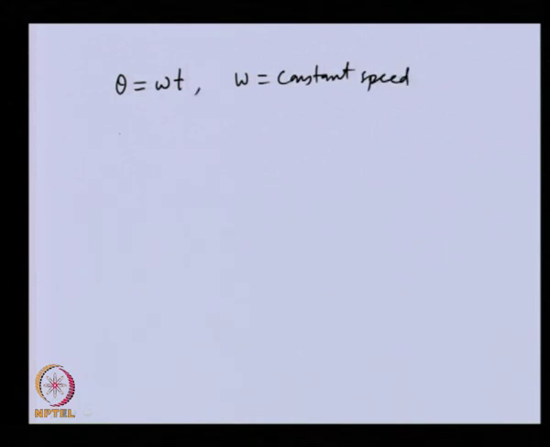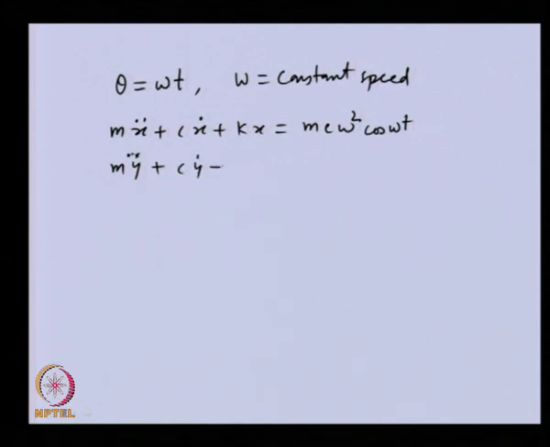The first 2 equations will give us equations of motion of this form. And in the y direction, m y double dot plus c y dot plus k y is equal to m e omega square sin omega t.